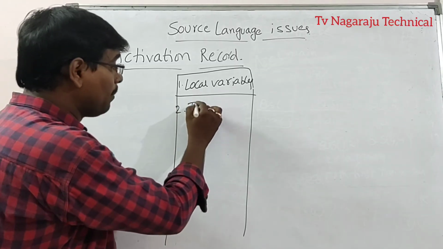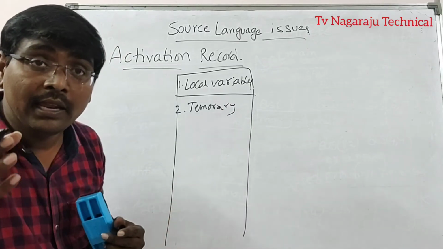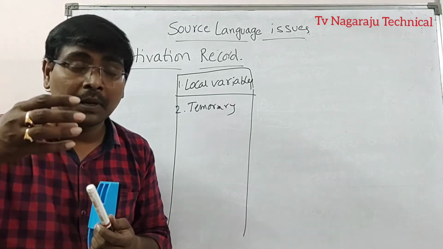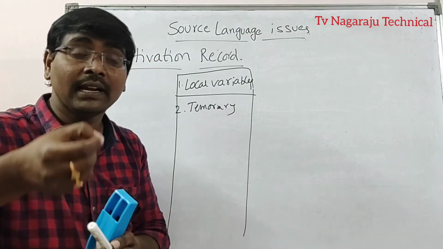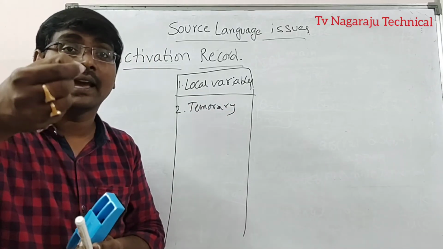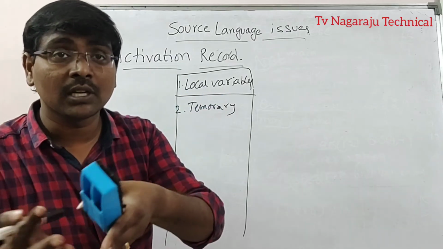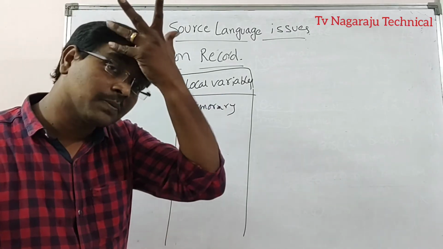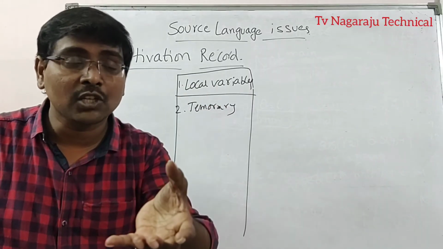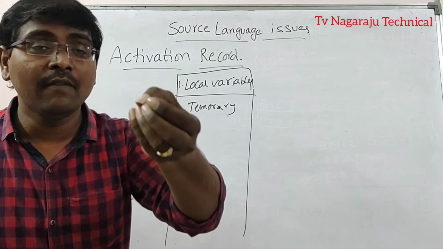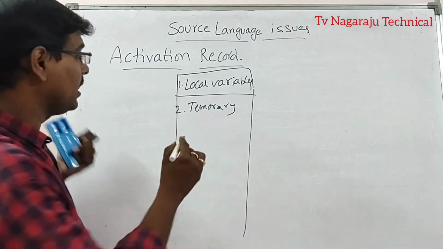Next, temporary variables. Temporary variables simply hold the temporary data that arise during evaluation of an expression. Suppose I give one expression to you. During evaluation of an expression, if you need any variables, then the temporary variables are created.